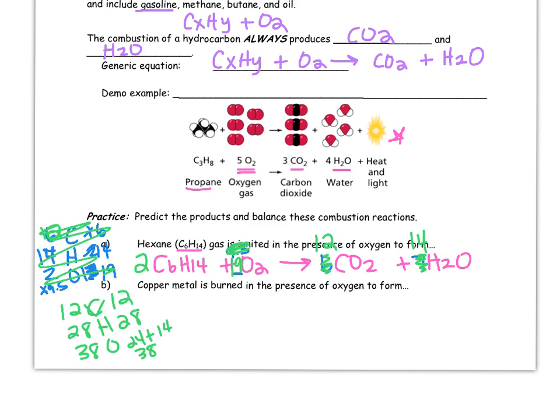On letter B, switch back, you've got copper metal burned in the presence of oxygen. So copper is a single element burned with oxygen, so O2, and it makes. So in this scenario, usually we would tell you that it was like copper, let's say copper 1, right, oxygen, metal or whatever.